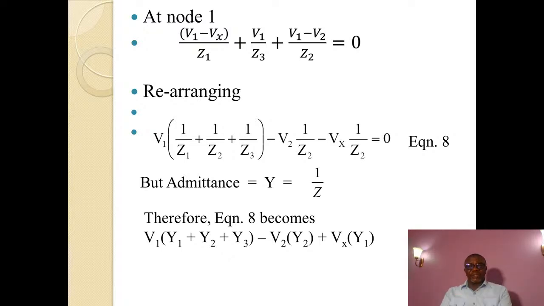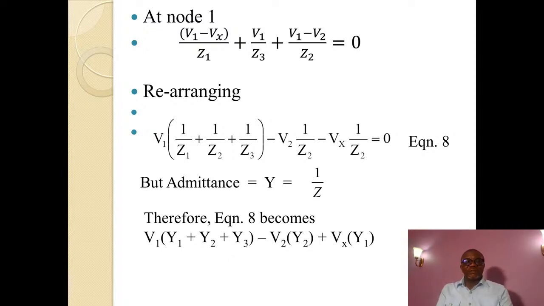So if we rearrange that equation, we bring out V1. See, V1 is having Z1, Z2, and Z3 under it.